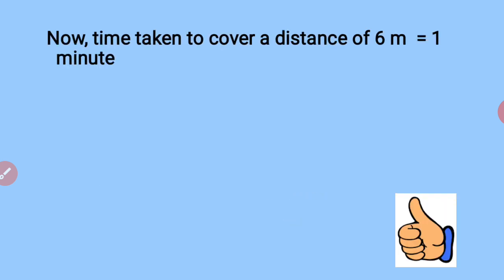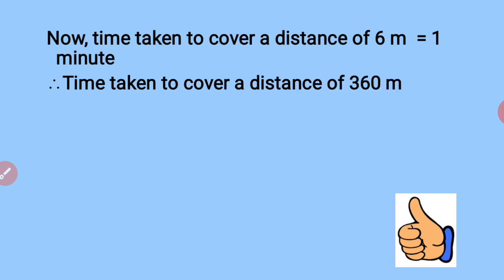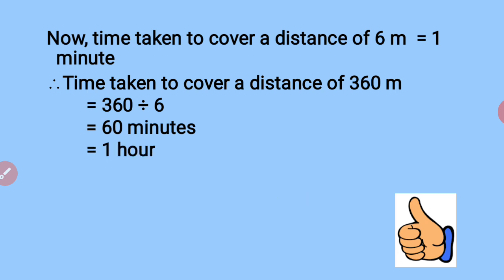Now, time taken to cover a distance of 6 meters is 1 minute. But we have to check out for 360 meters. So we are going to divide it and get the answer. So time taken to cover a distance of 360 meters will be 360 divided by 6, which is equal to 60 minutes, which is equal to 1 hour.